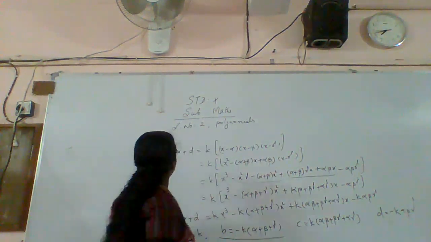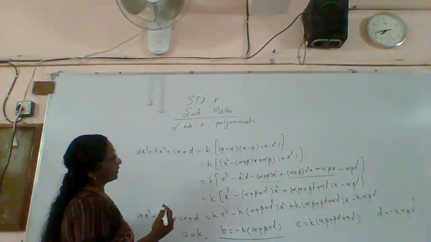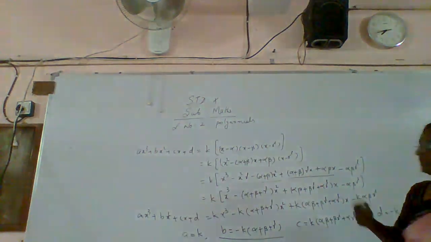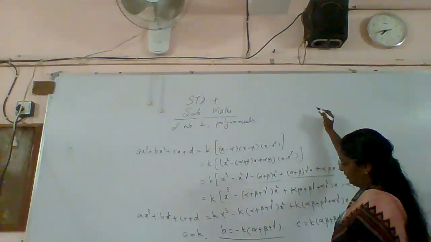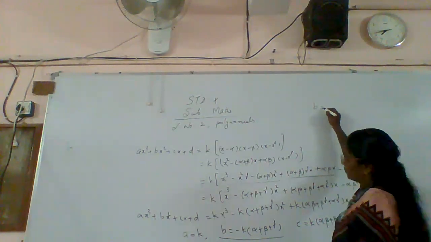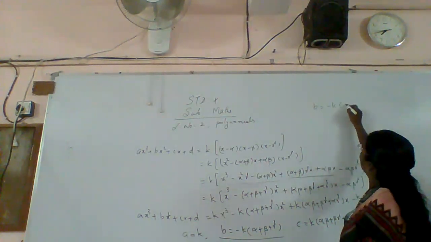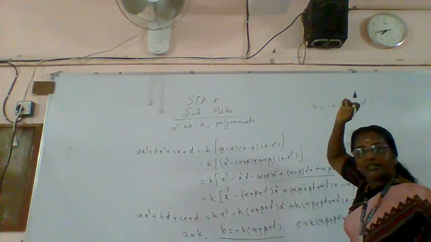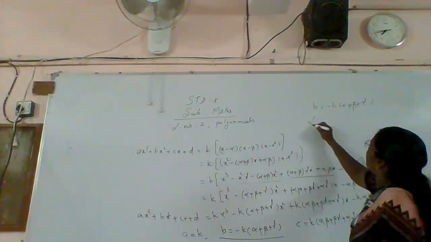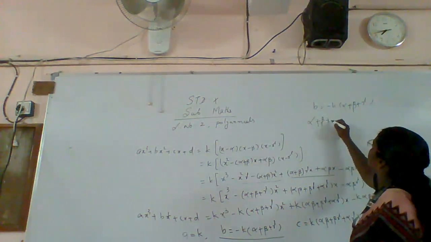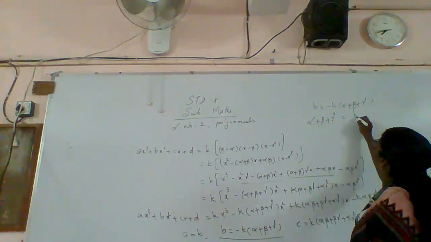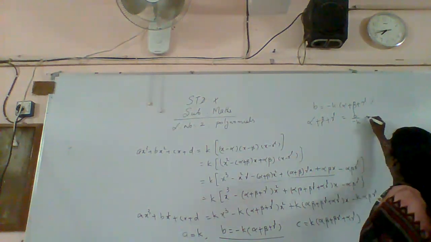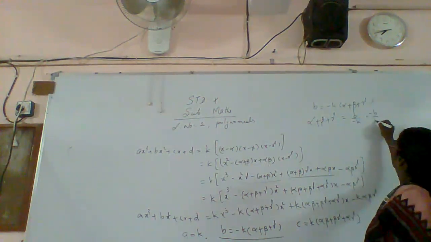Here b is equal to minus k into (alpha plus beta plus gamma). Clear? Therefore, alpha plus beta plus gamma is equal to b by minus k, that is, minus b by k.